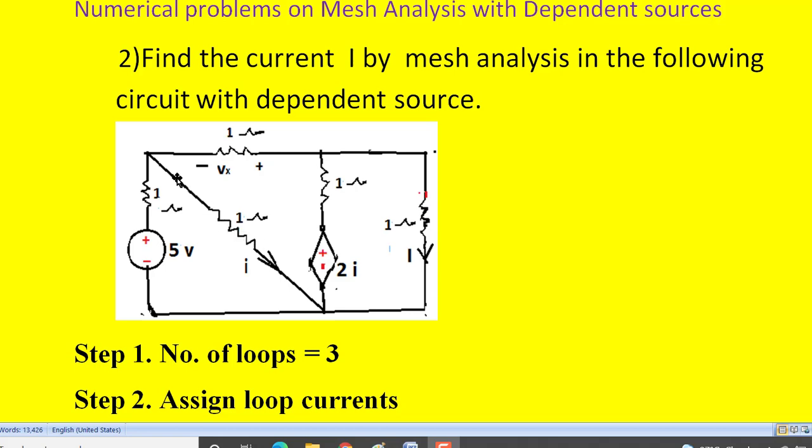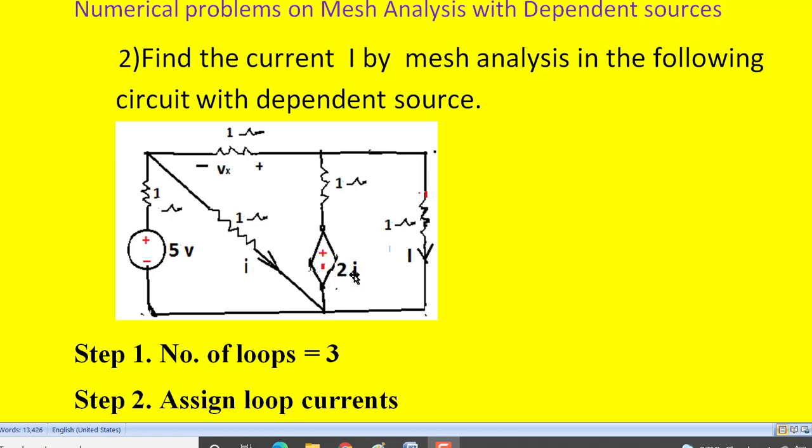Here there is a 1 ohm resistor diagonally connected from here to here, and it is carrying a current called small I. Here there is a 1 ohm resistor, and the voltage across that is designated as Vx, and its polarity is also fixed, minus here, plus here.